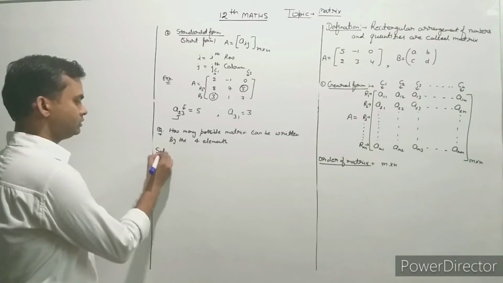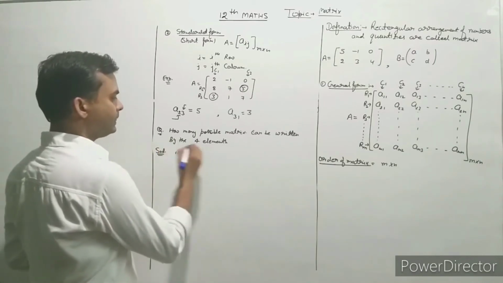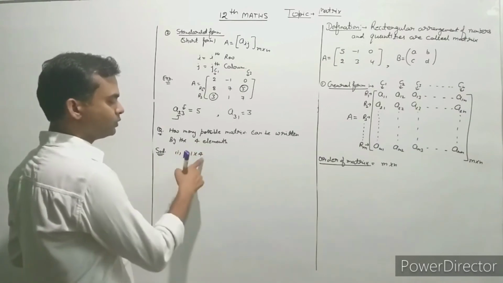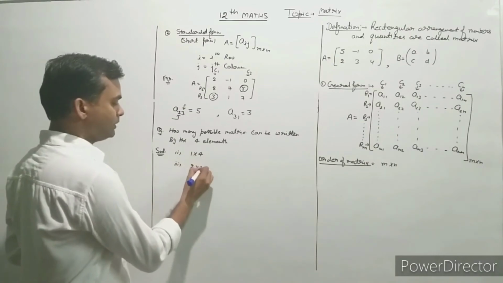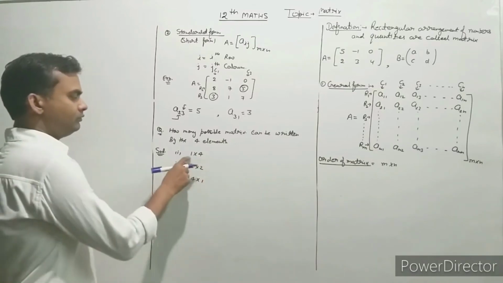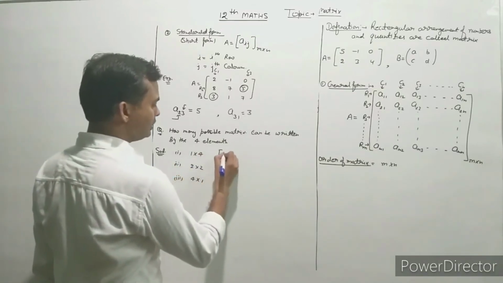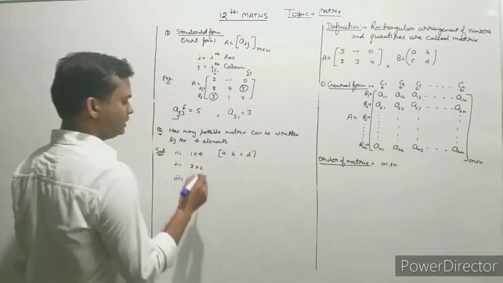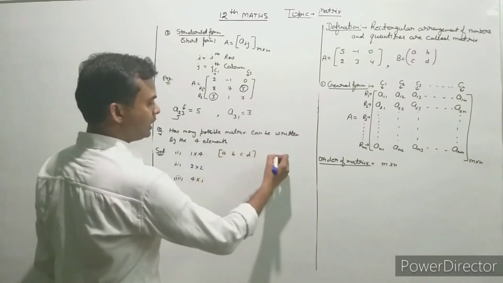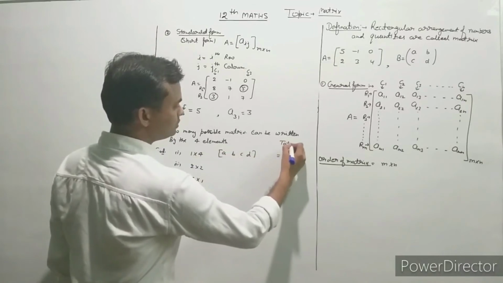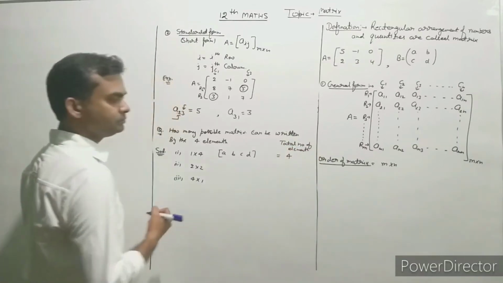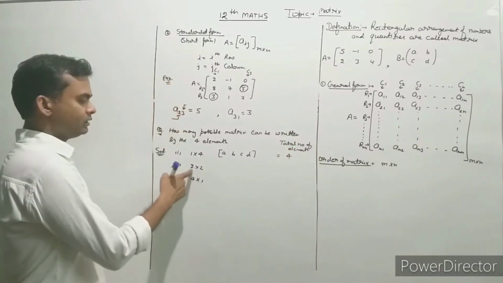So let's have a look. The first matrix will be of 1 by 4 order, second 2 by 2 order, third 4 by 1 order. 1 by 4 order, for example A, B, C, D. It means there is only one row and there are 4 columns, 1, 2, 3, 4, and the total number of elements is 4. And let's see 2 by 2.